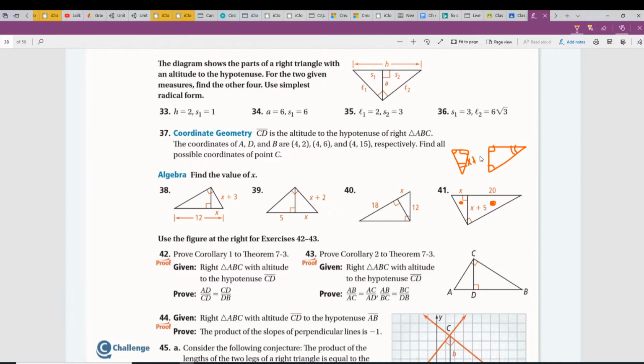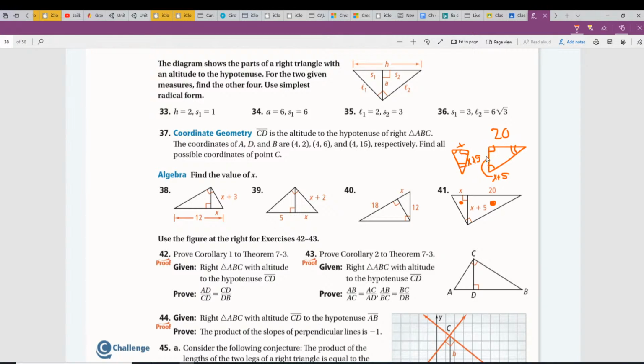x plus 5. This one is also x. This is 20. x plus 5. Okay, so we're going to start with the one which has a right angle and one tick.